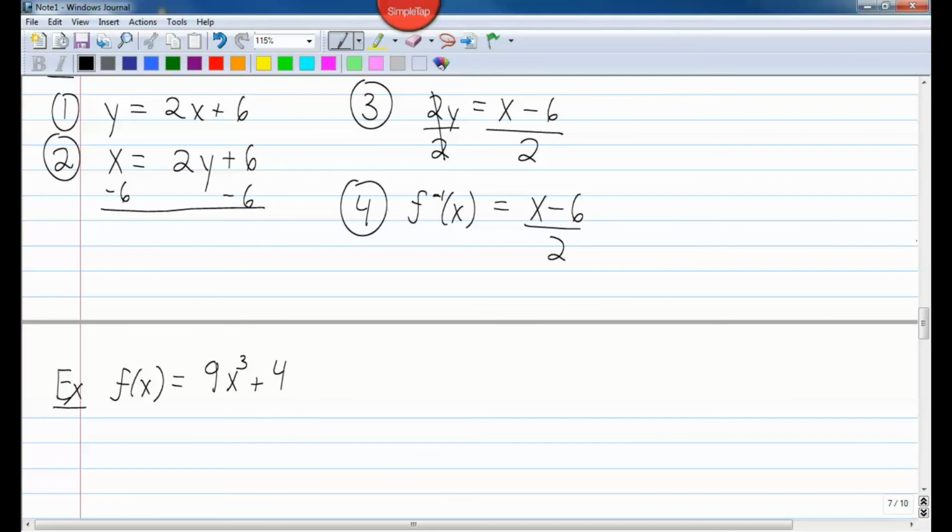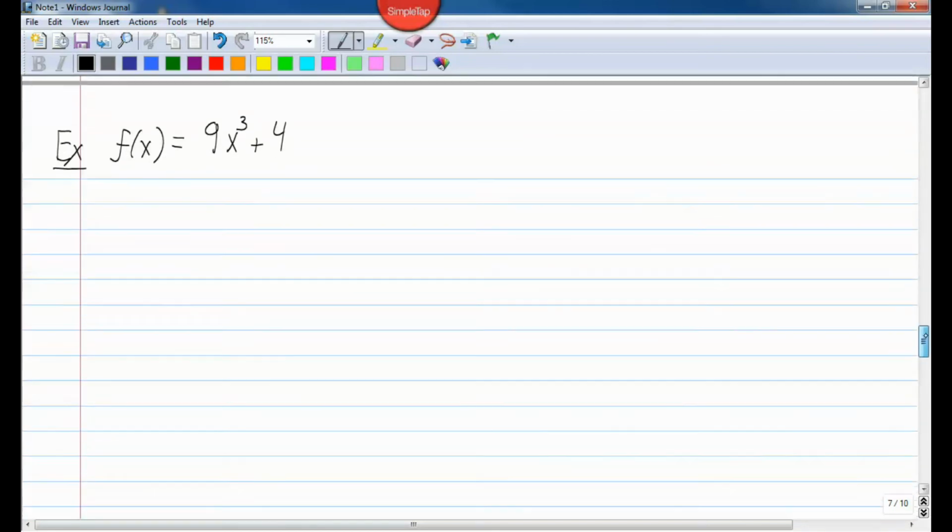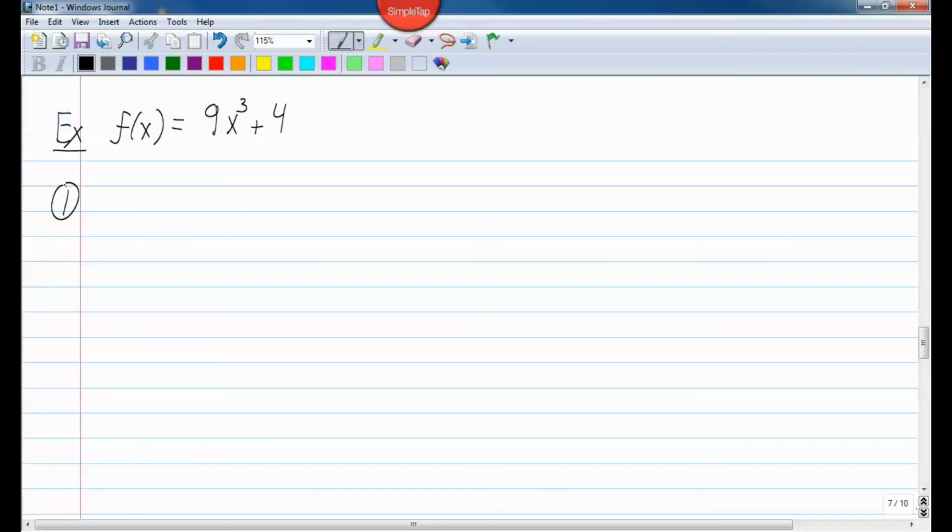And I want to find the inverse of f. Alright, step 1, write y equals instead of f of x equals. Step 2, interchange x and y. That doesn't mean that you actually move terms over. It's just where you have a y, you write an x, and where you have an x, you write a y.